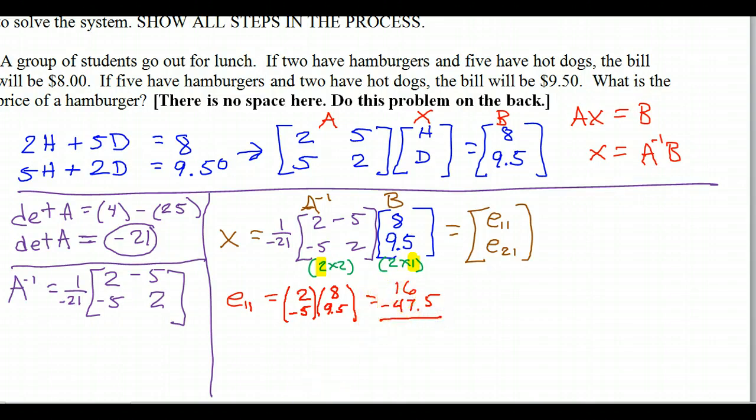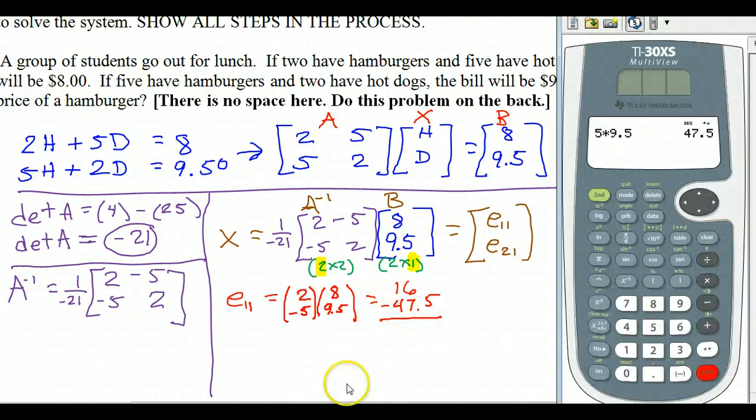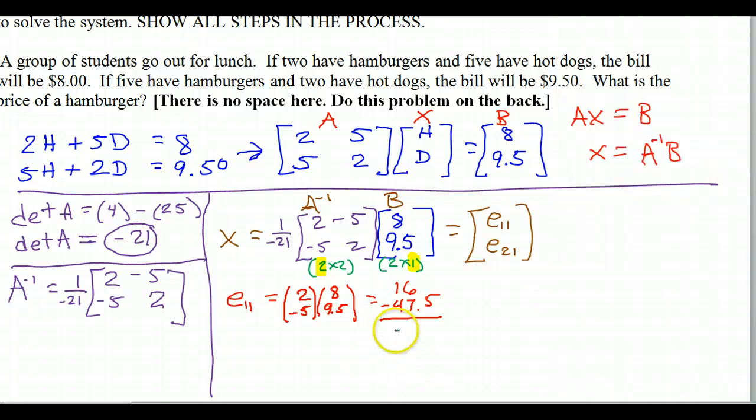Add those up. So 16 minus 47.5 is negative 31.5. Okay, that is element 1,1.